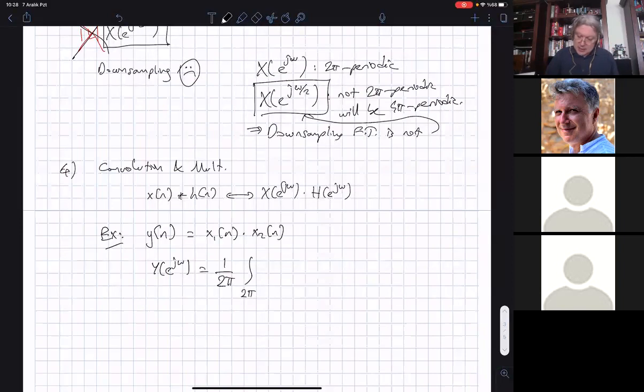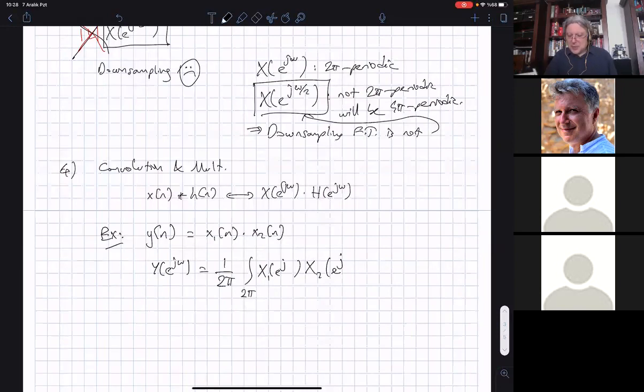amount of shift. And I put, for example, the Fourier transform of x1 as capital X1 of e to the j omega, and I fold the other one, X2. So how do I fold it? But of course, I'm sorry, this is not omega, it is tau.